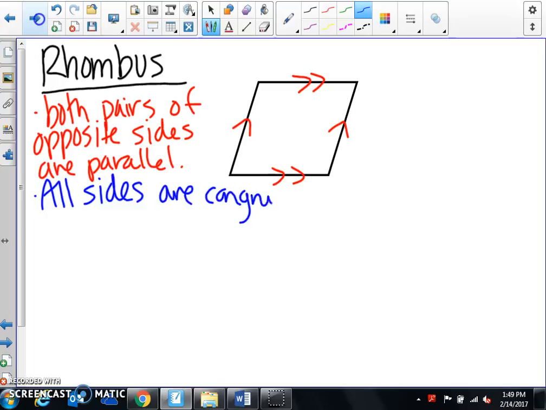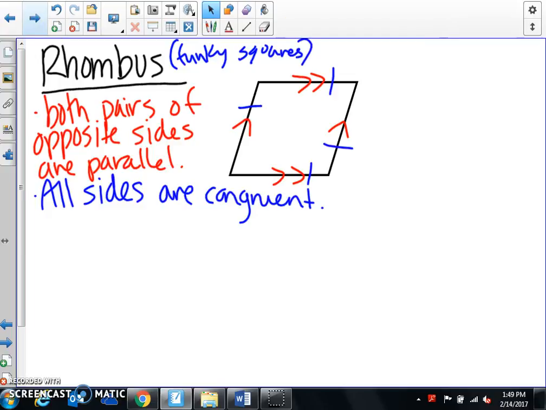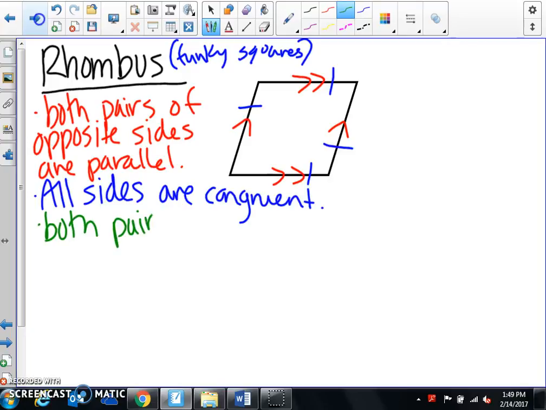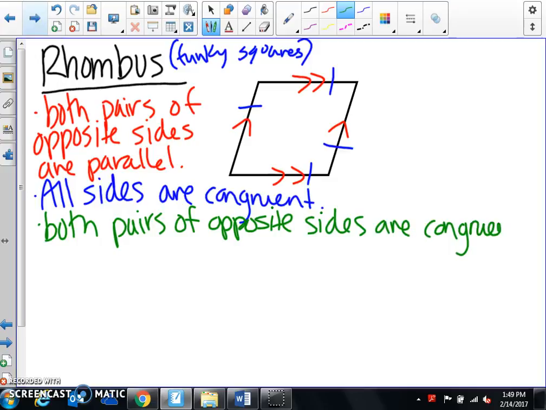Remember, a square, all sides are congruent. So a rhombus is just a funky square. So all the sides are still congruent. Both pairs of opposite sides are congruent. That makes sense, right? If they're all 4 congruent, then obviously the opposite sides are going to be congruent. The diagonals bisect each other.